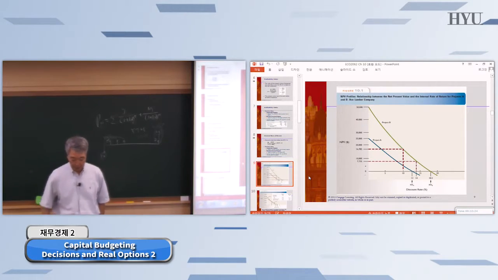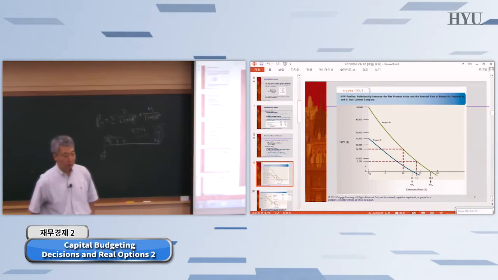So for example, using that cash stream of project A, if you discount the whole cash stream at 5%, then the net present value would come out to be somewhere here, let's say around 15,000, and so on. And if the discount rate comes out to be about 13%, then the net present value is equal to 0.